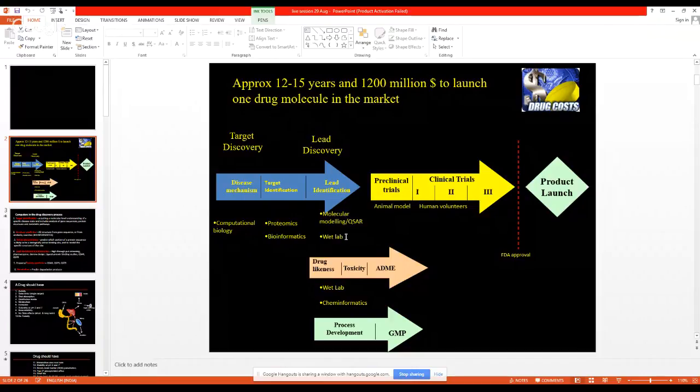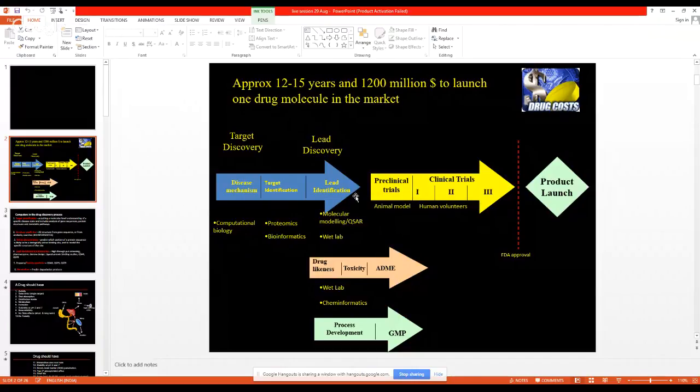Of course, ultimately you need to do a wet lab validation, but there are nowadays a lot of computational tools available to calculate many properties. Can we use them simultaneously? So drug likeness, toxicities, side effects, absorption, distribution, metabolism, excretion, and so on.